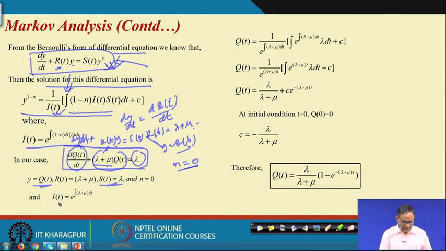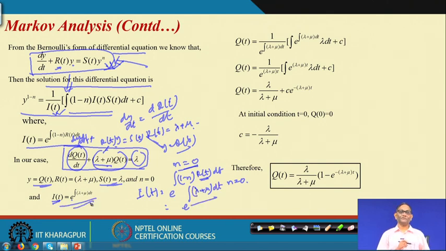So, our I(t) is e to the power integration of (1 minus n) r(t) dt, with n equal to 0. So that means e to the power integration of 1 minus 0, which is 1. What is our r(t)? r(t) is lambda plus mu into dt. So, you got I(t).